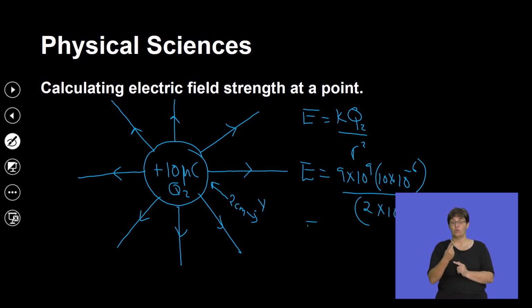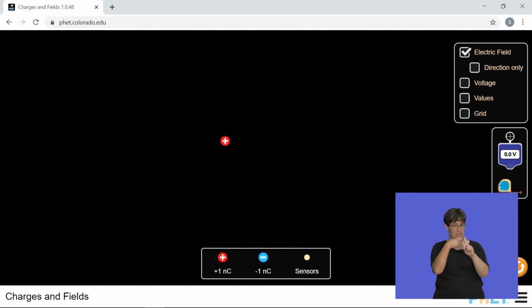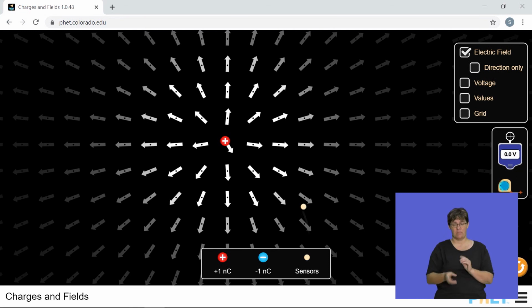Then whatever we get here is going to be positive. That positive suggests that the force is away from the charge that creates the field. So if the point charge was positive like that, you can see that the force experienced by the unit positive charge in this case is actually away, whatever the magnitude is.